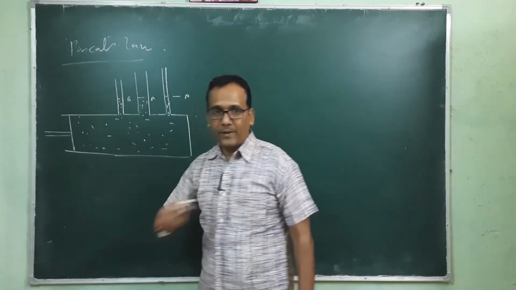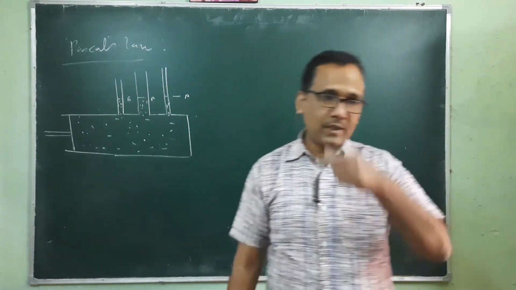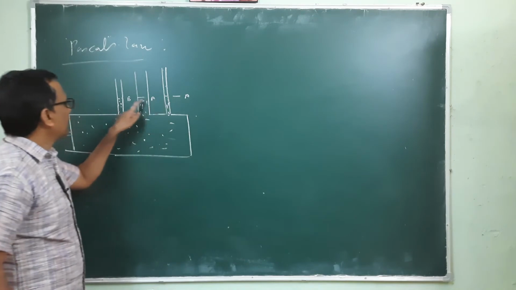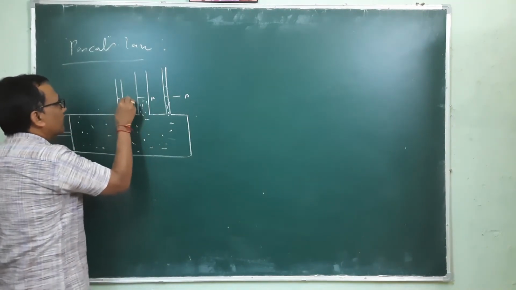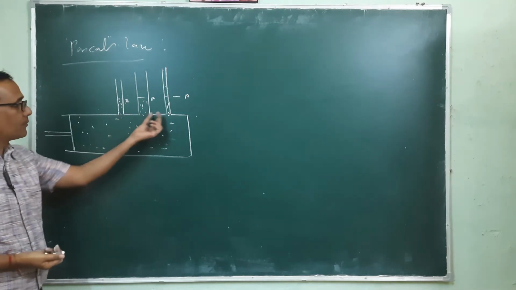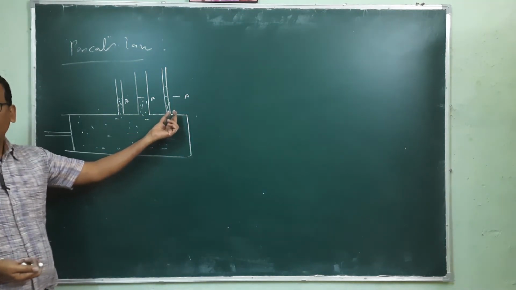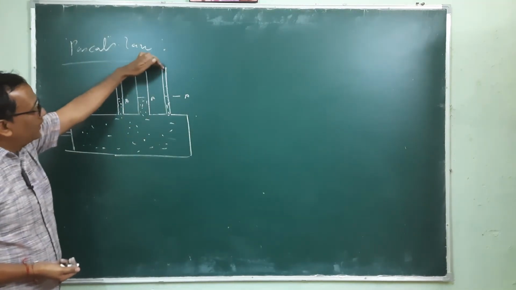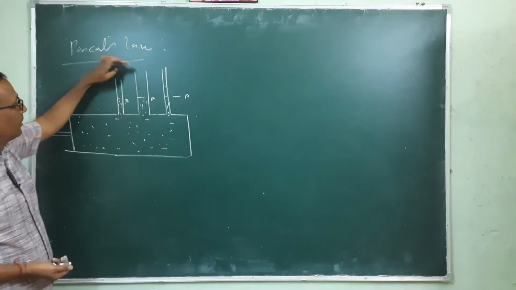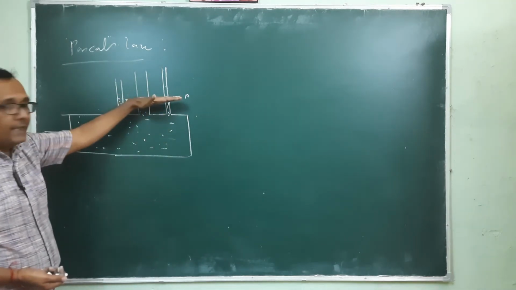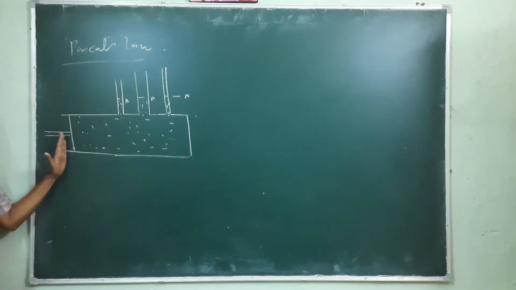We are not applying any pressure. Pressure applied here is 0. The column is identical in these different sets of tubes connected together. This one is open. Atmospheric pressure is identical, so all these are open systems. So the level of this liquid is identical when there is no pressure applied.